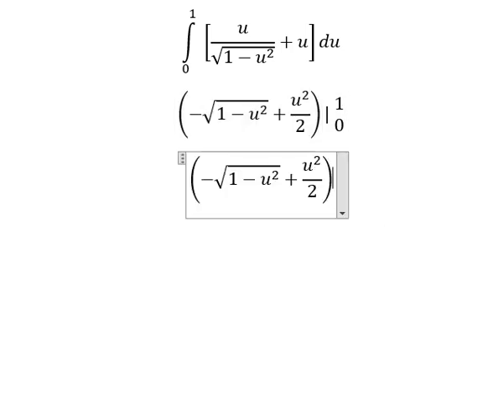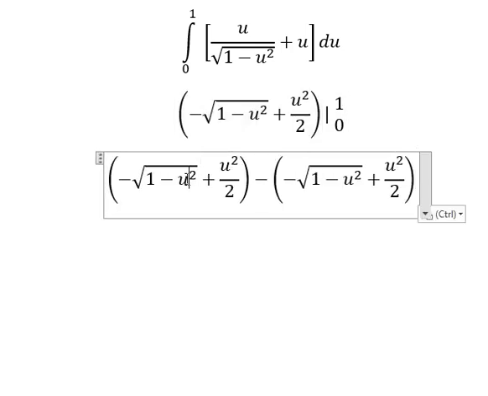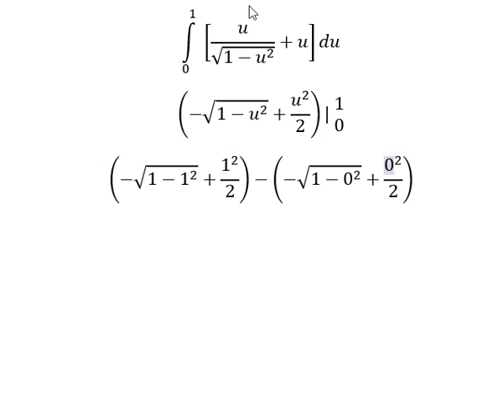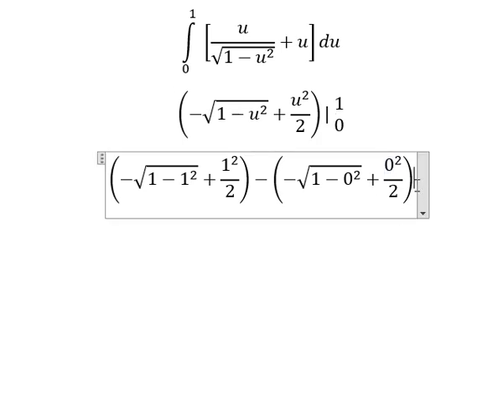And now we have the final answer. So we calculate this one, and we have 3 over 2.